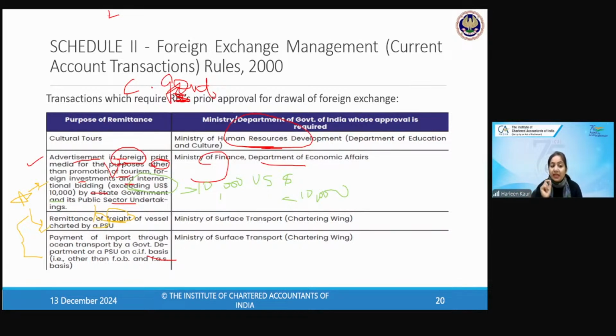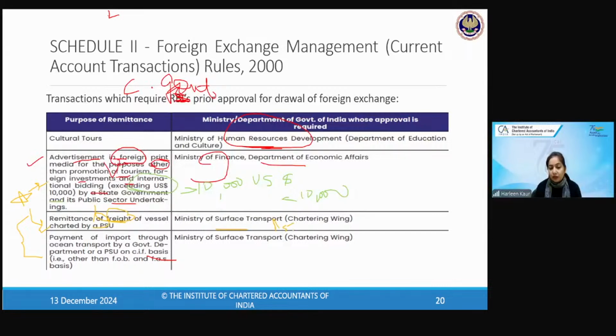If they are paying freight on the ship which is chartered for the import of goods, you are paying freight in dollars, then you can do it, but you need the approval of the Ministry of Surface Transport.